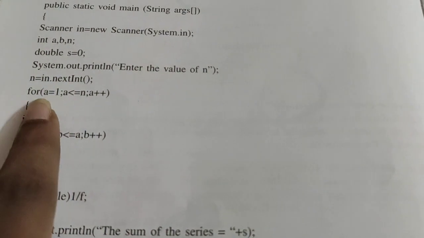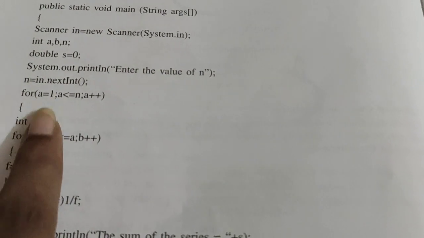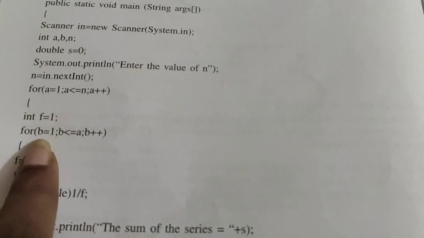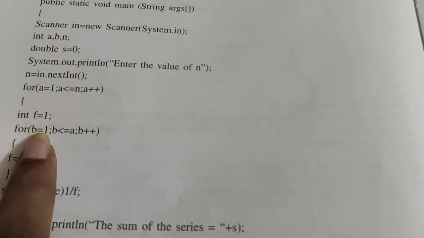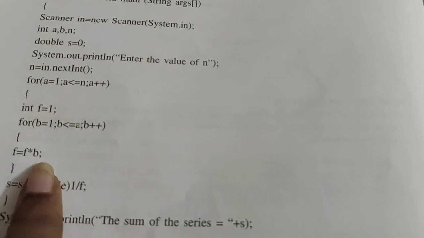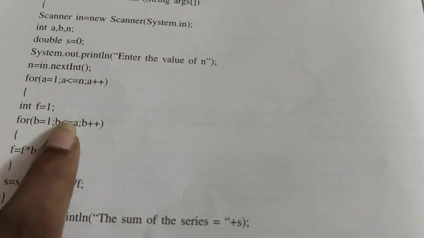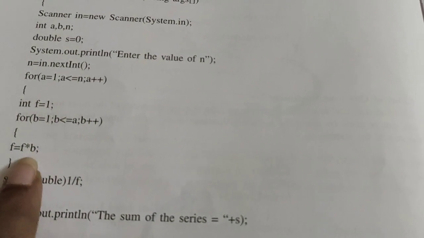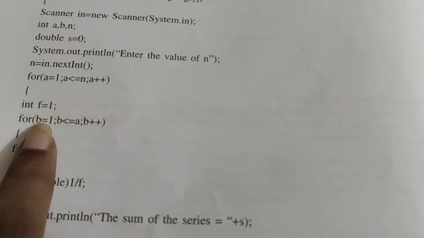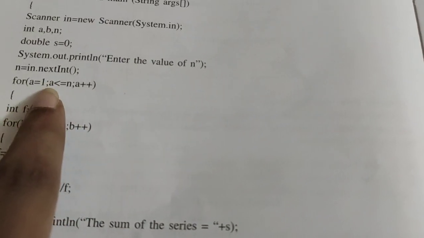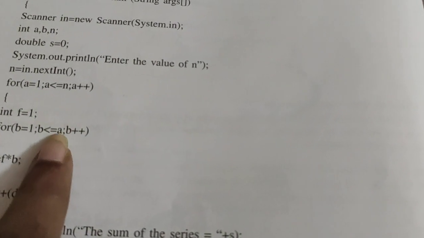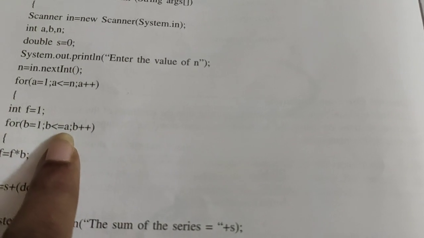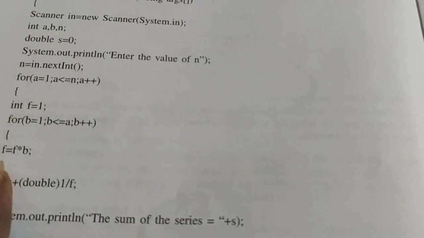And again a will be 3 now, and again it will enter into the inner loop. Now for b is 1, again it will be calculating, 1 will be there, and again for b is equal to 2, so 1 into 2 will be there, and then b is equal to 3, because now the value of a is 3. That's why till 3 it is coming.